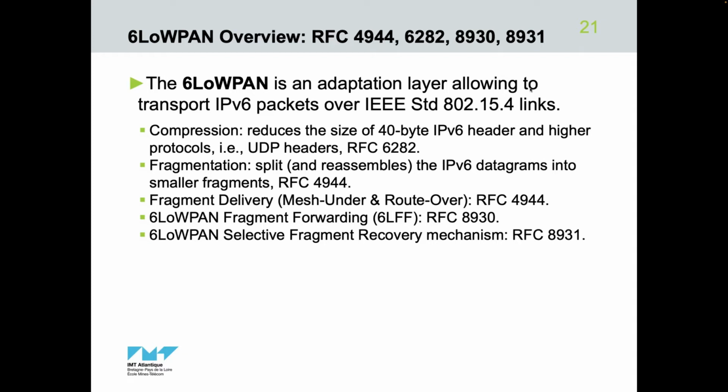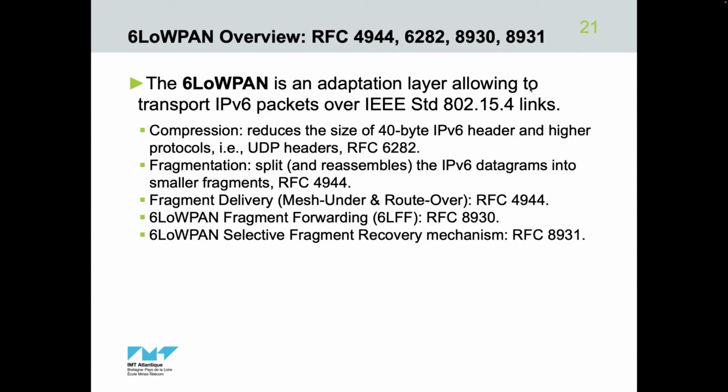So the idea is that the 6LoWPAN adaptation layer will be in charge of transporting IPv6 packets over what is called IEEE 802.15.4 radio links, or it can even be wired if we're talking about power line communication in smart grid networks. And this adaptation layer comes with a series of mechanisms or operations.